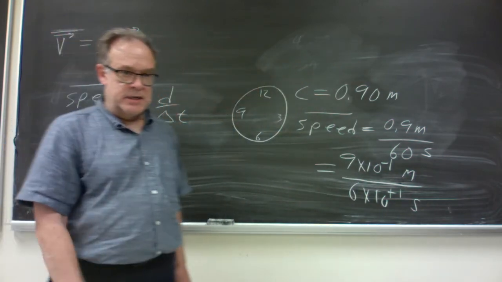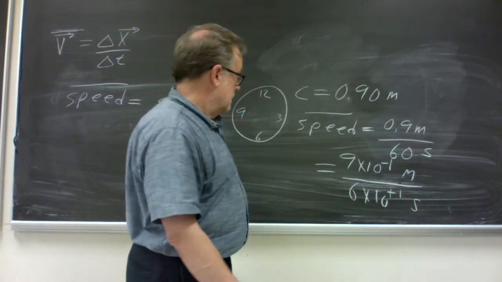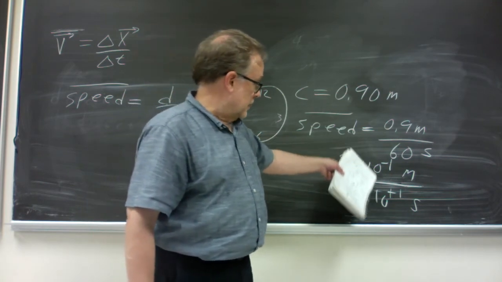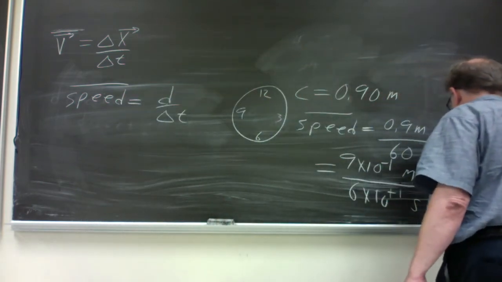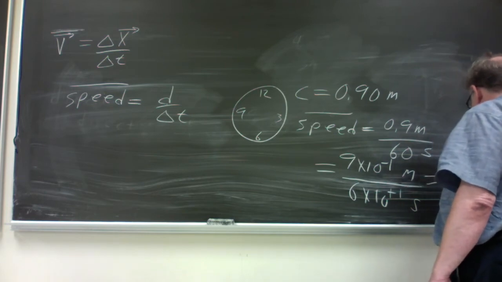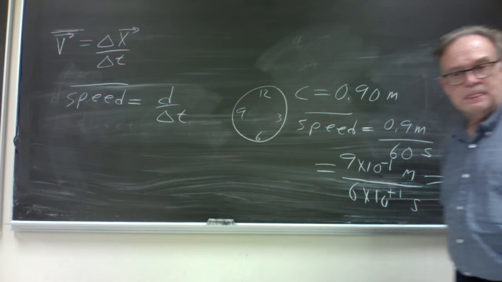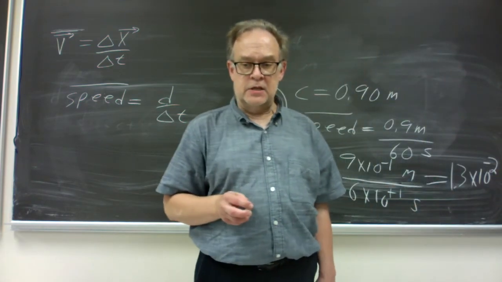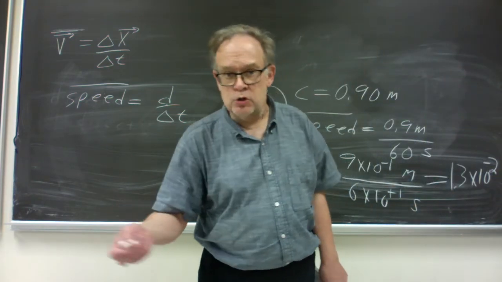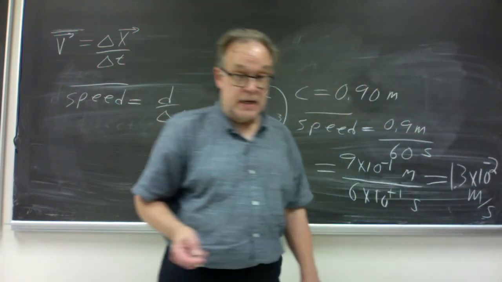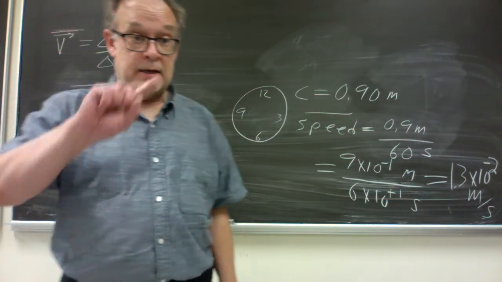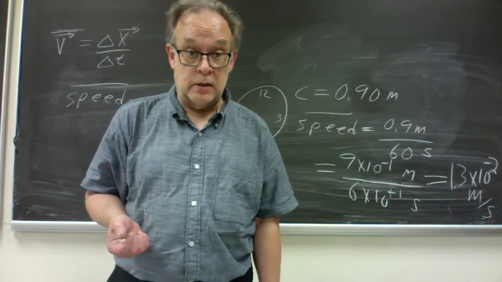So 9 divided by 6 is 1.5, and then dealing with the factors of 10, 1.3 times 10 to the minus 2. 1.3 times 10 to the minus 2 meters per second. That's the average speed for the second hand as it moves around the clock.